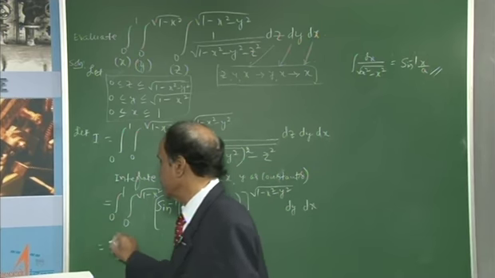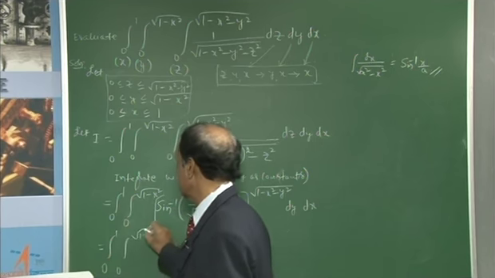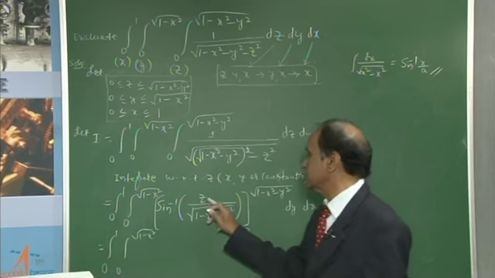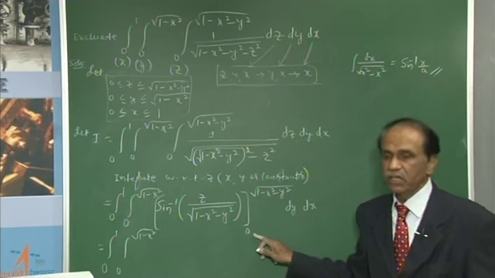This is equal to 0 to 1 and 0 to root of 1 minus x square. Then in place of z you replace the upper limit, then the lower limit.